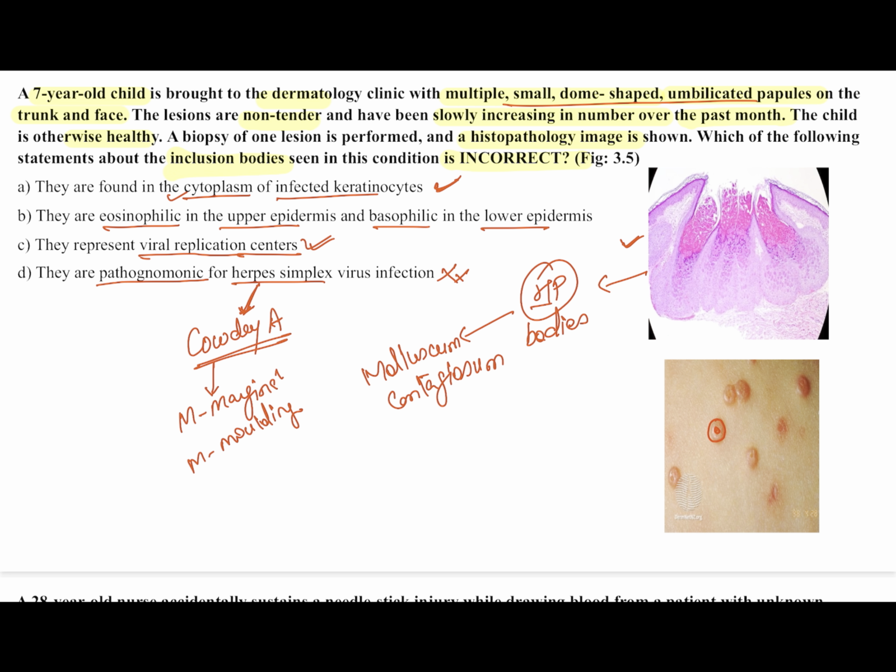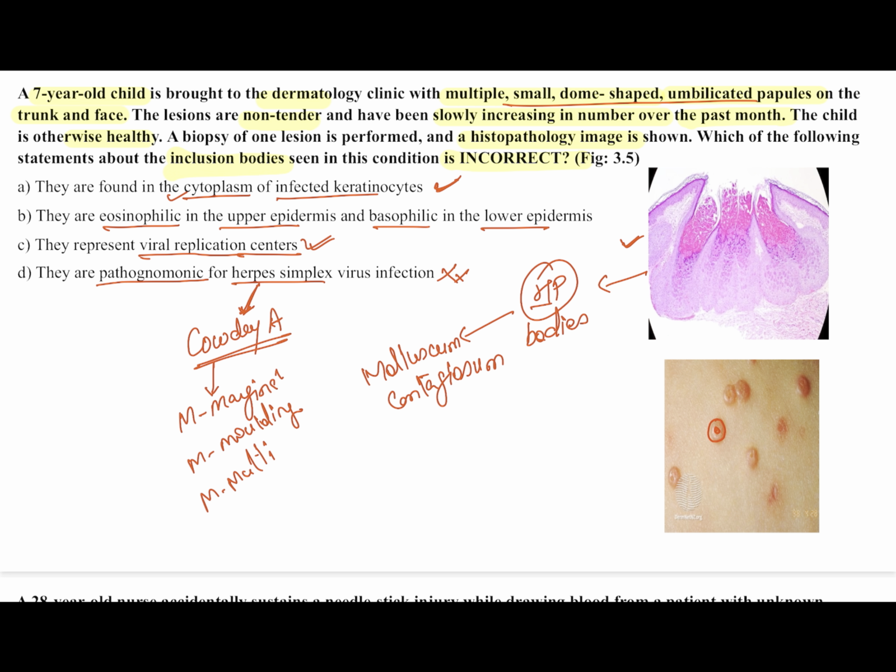So if you know, we have so many of these bodies. Okay? They can be cytoplasmic, intranuclear, or both. So in herpes simplex you will see intranuclear inclusion bodies which are multinucleated, with molding and margination, the 3M feature. Okay?